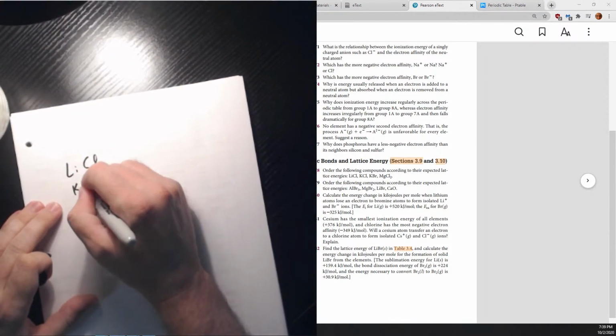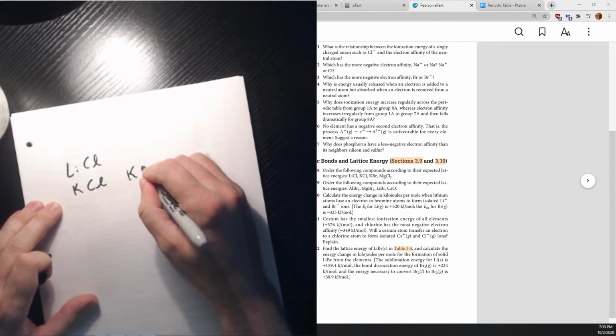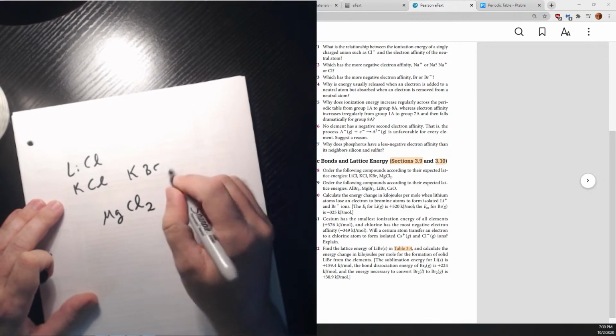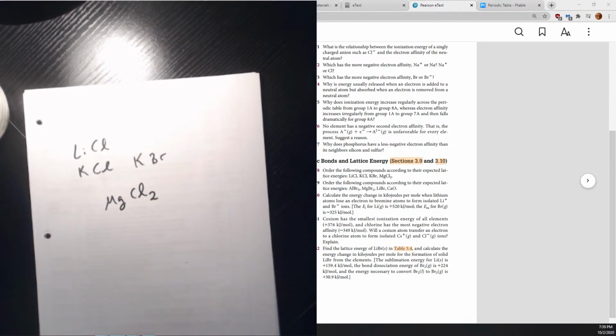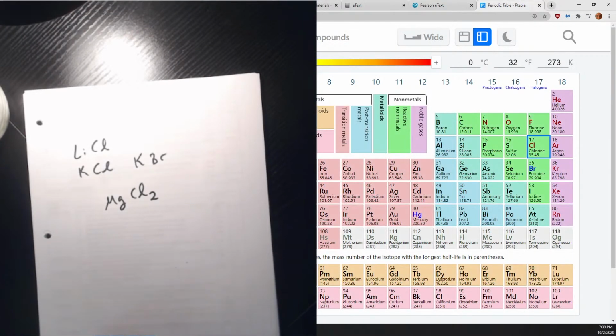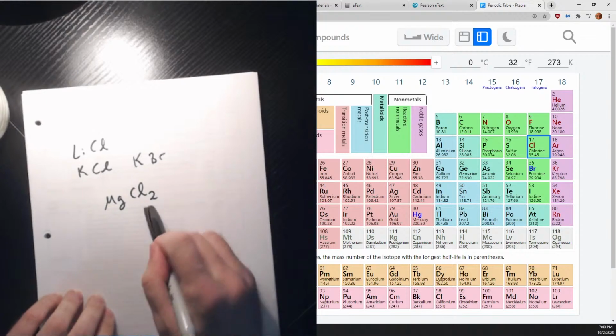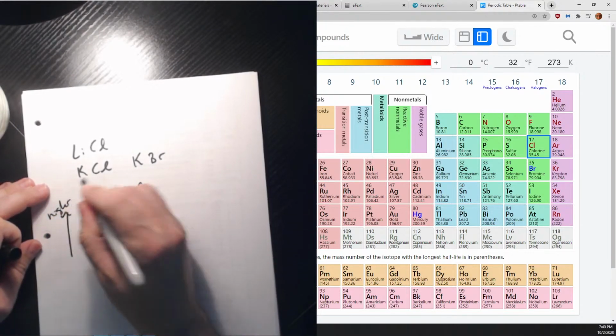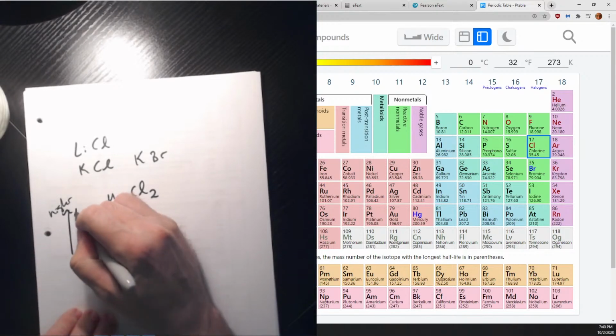Lithium chloride, potassium bromide, and magnesium chloride. Well, magnesium chloride is going to be the highest because magnesium has a 2 plus charge. I mean, that's just going to outweigh everything else. So I'm going to put magnesium chloride at the top of the list. Higher lattice energy.